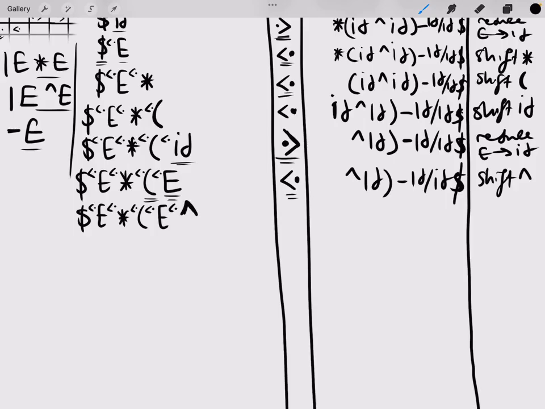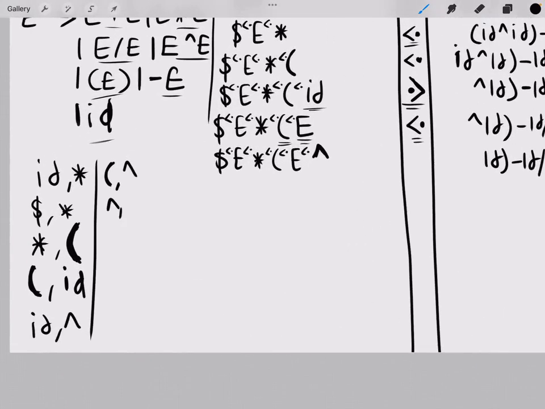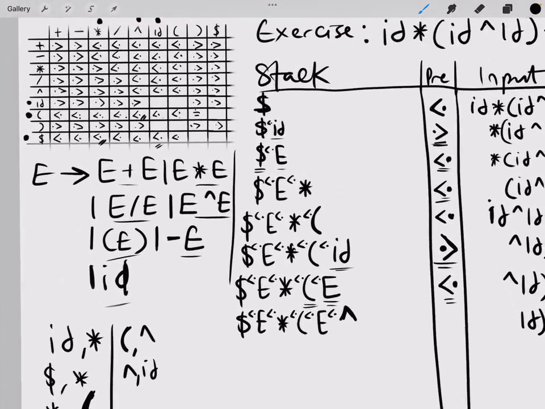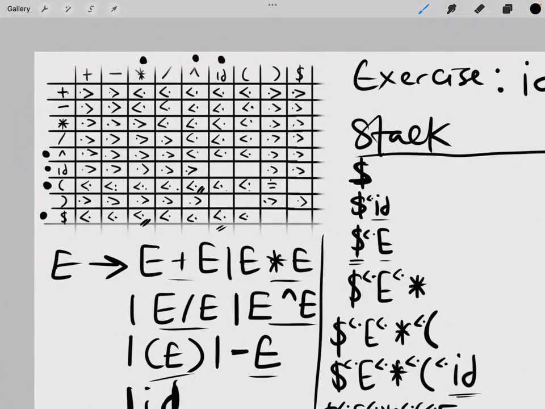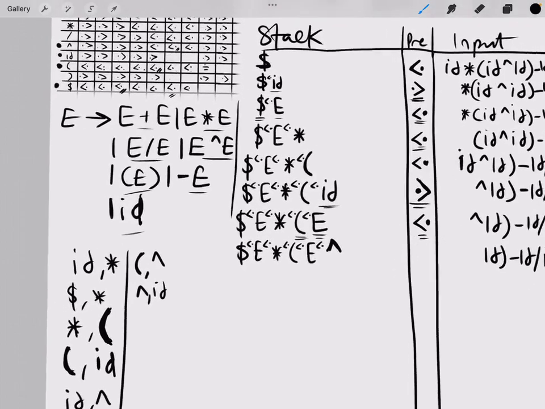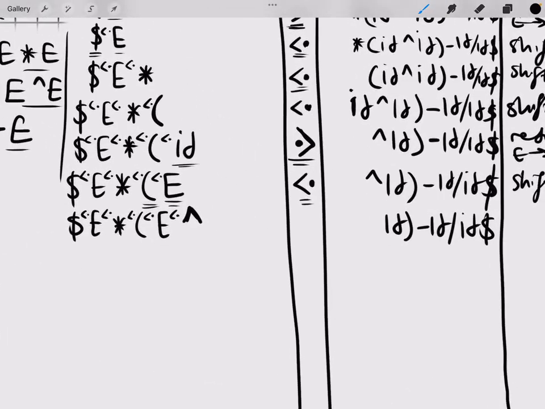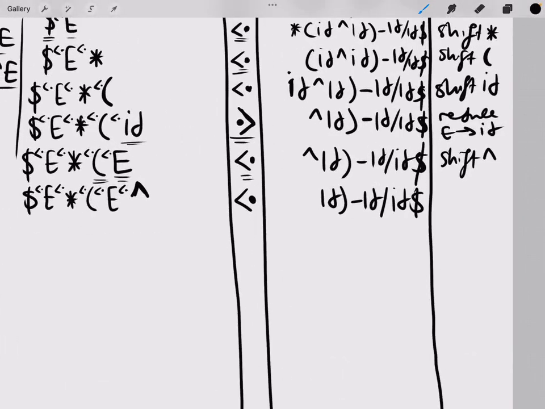So we have shifted the close bracket. What is left on the input buffer? Now, close bracket versus ID. Who takes precedence? Close bracket will yield precedence to ID, which means we are going to have to shift ID.